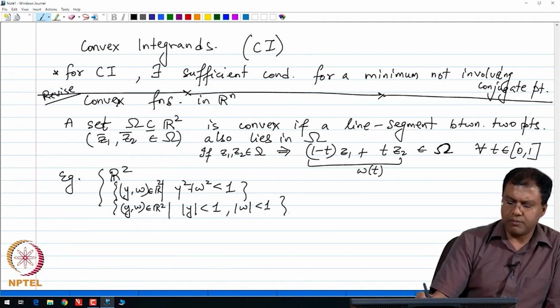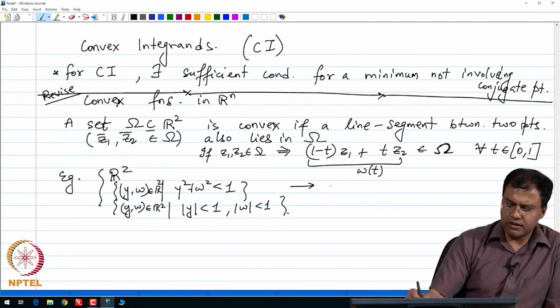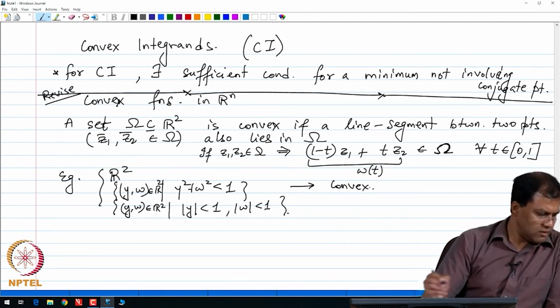These are some of the examples which are all convex. These are my convex sets.